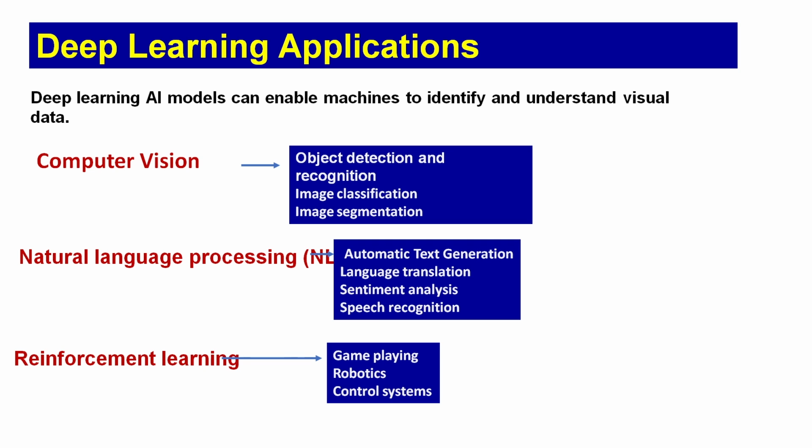It can automatically generate text, like in Gmail or when you are texting on phones, like WhatsApp. It can translate language, and do sentiment analysis, like whether a particular text is talking about sorrow or happiness. It can also do speech recognition very easily. That is something which is now routine. NLP is very routine now.